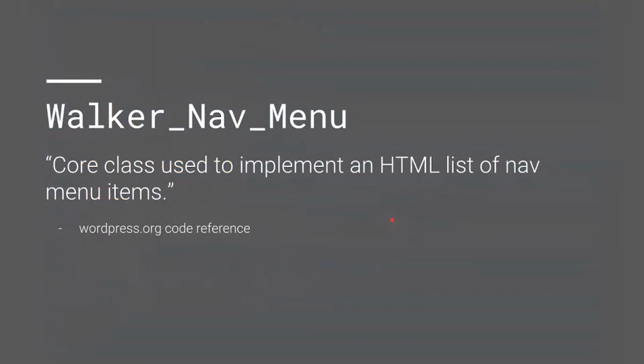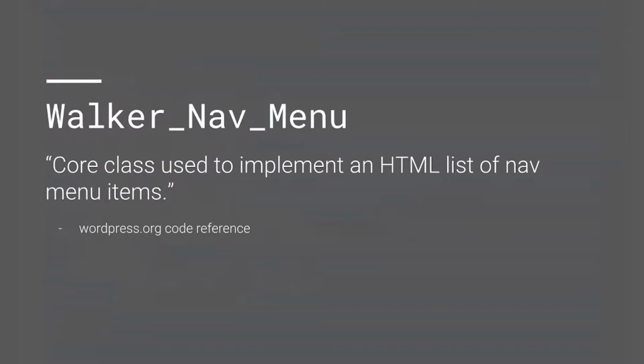So the way we're going to get there is with the Walker Nav Menu. This is the core class used to implement an HTML list of nav menu items. What initially confused me, and what I had to really come to understand, was that wp_nav_menu displays a navigation menu. It does not create a navigation menu.